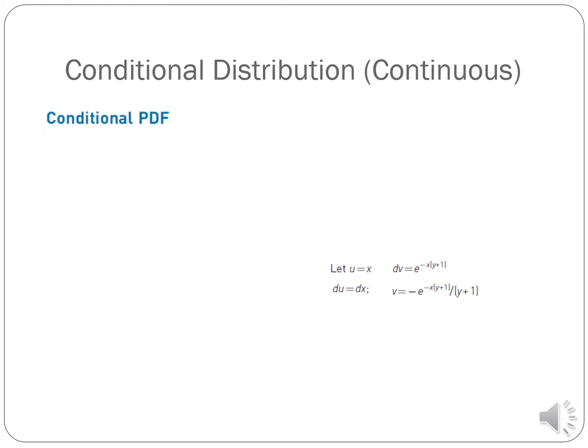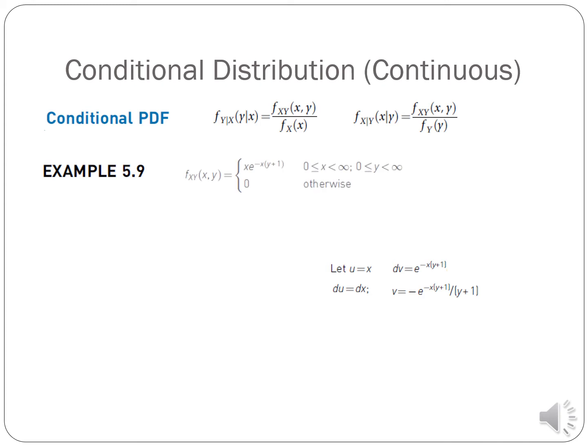So let's see another example on continuous random variables. For continuous, we will follow the same formula, joint PDF divided by marginal PDF. And let's see an example, 5.9.